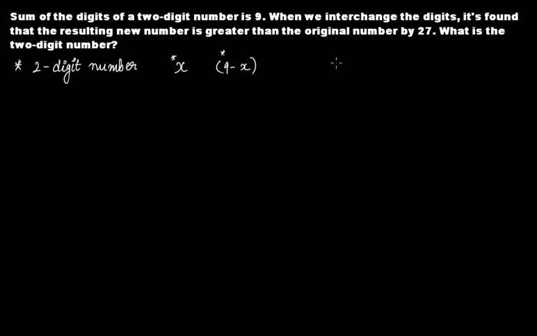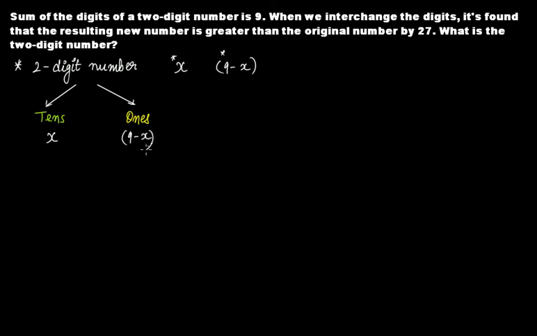If you want to check it, then as given here, the sum of the digits is what? 9. So x plus 9 minus x, you get 9, right? Okay. Now, if it's a 2-digit number, then clearly there will be a tens place and there will be the ones place. Tens place and ones place. So if at the tens place comes x, then at the ones place we take as 9 minus x.